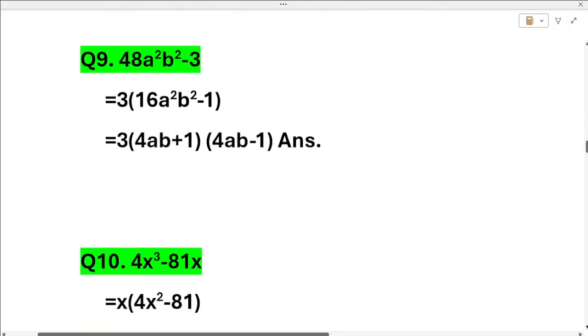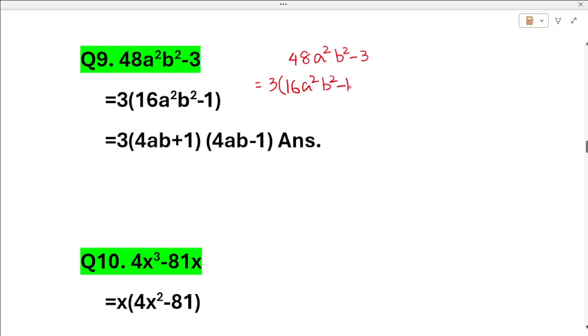Now come to question number 9. Question number 9 is 48a square b square minus 3. Again the same thing, you need to take a common factor out. So first of all take 3 common outside, that means I want to take the HCF. 16 times 3 is 48, so 16a square b square minus 1.